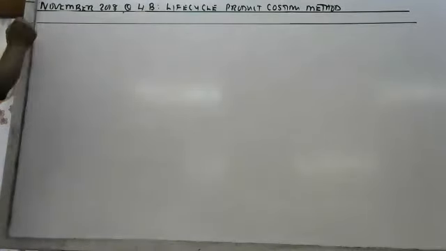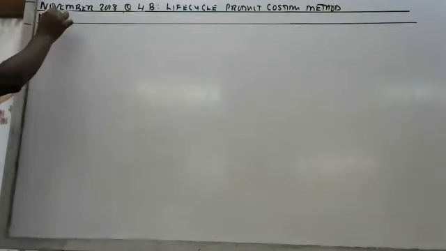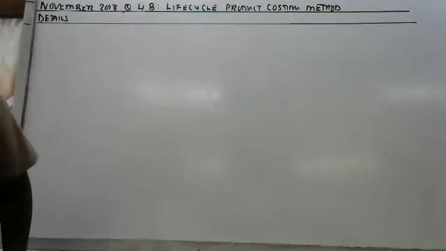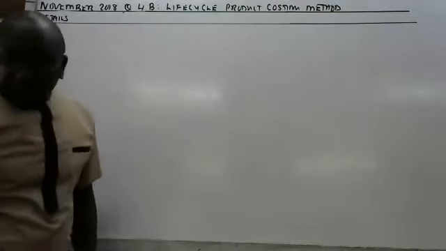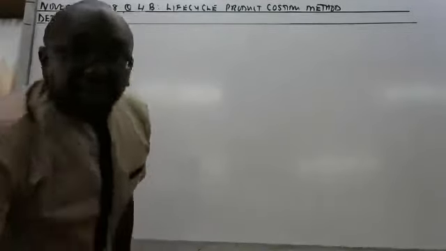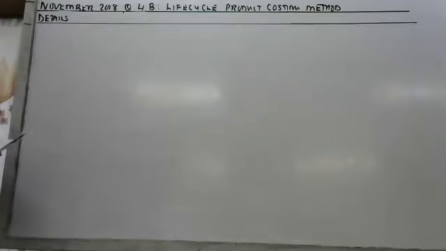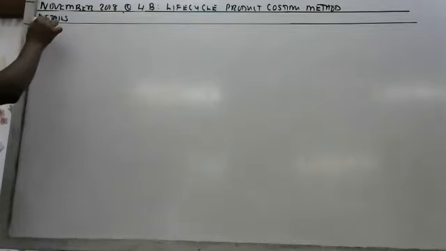So we will have a column called details. Maybe we can first of all fill in the items that will be there. I will have units, production units.